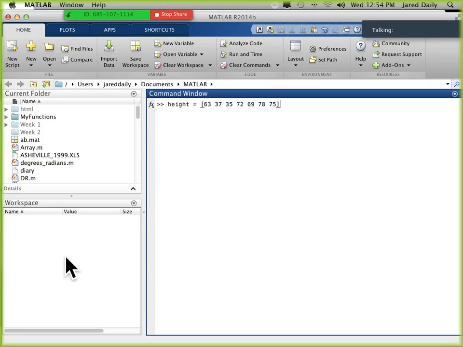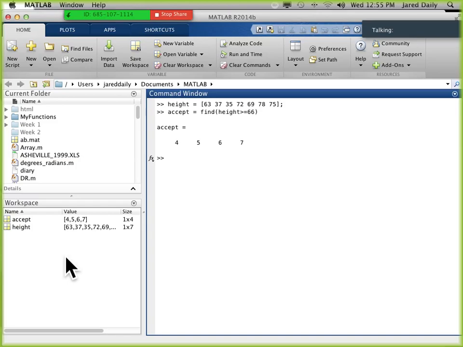So there's our height vector, and we're going to define an accept vector to equal the find function, where now we're going to tell it to find everything that's in height that is greater than or equal to 66.